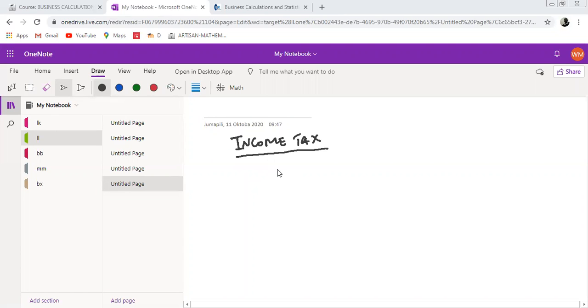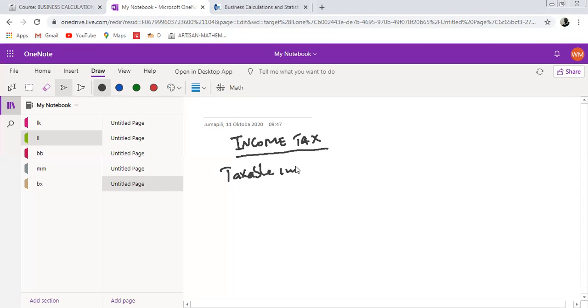So the earning of an individual which is subjected to the government as a tax is known as the income tax. It is tax that is paid by individual employees from the income they earn. So you realize that the taxation is going to be based on what we call the taxable income.